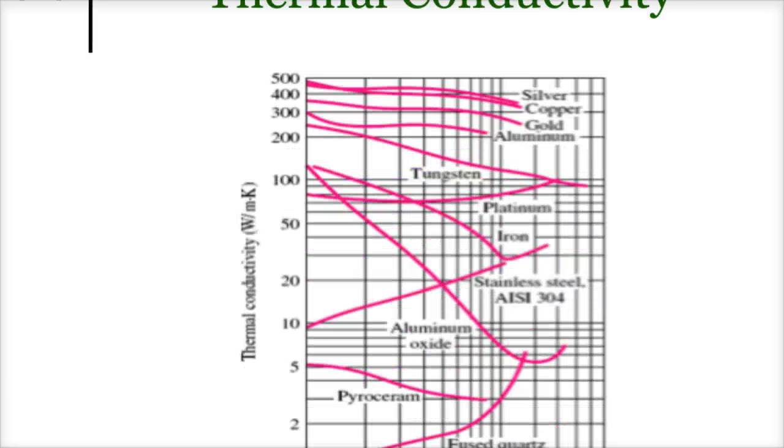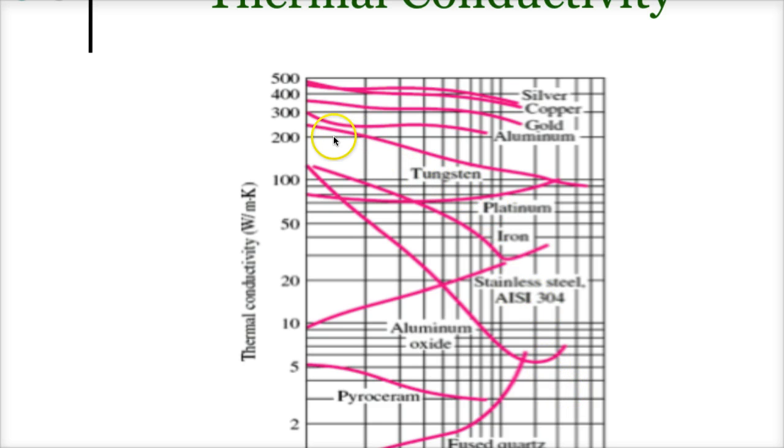Over 1000 Kelvin, which is about 700 degrees C, it is a good heat conductor, but not as good as silver and copper. But it does increase drastically. Let's have a look at tungsten.